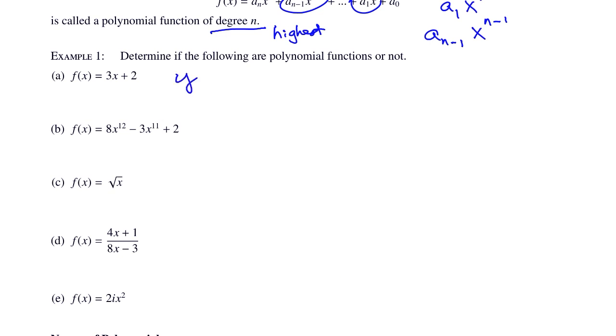So yes, this is a polynomial. B, f of x is equal to 8x to the 12th power minus 3x to the 11th power plus 2. Again, are your x's raised to positive integer powers? Yes. And do you have real coefficients? Yes. So you have a polynomial.